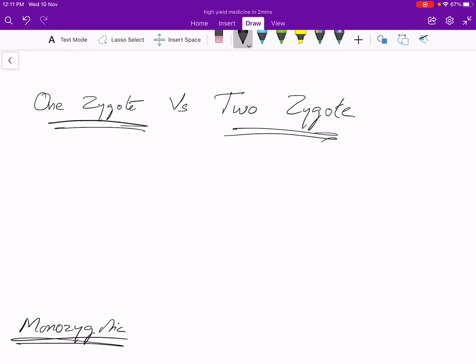Two zygotes are formed when two sperm cells fertilize two egg cells. This is an egg cell, this is an egg cell, this fertilizes this, this fertilizes this. So there are two sperms fertilizing two eggs at one given moment of time, and the pregnancy of these two goes on at the same time. This is a separate fetus, this is a separate fetus.